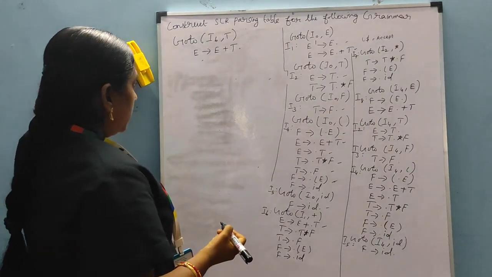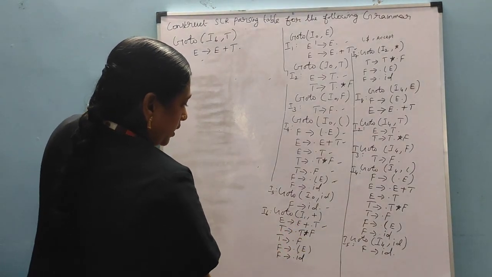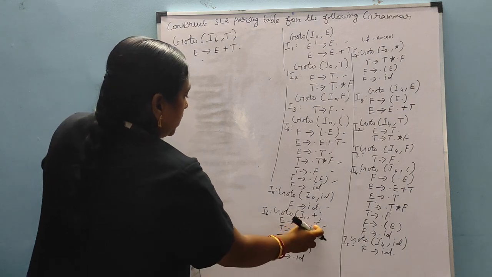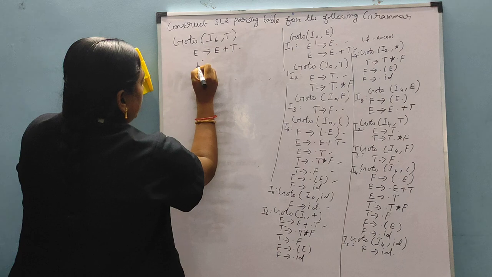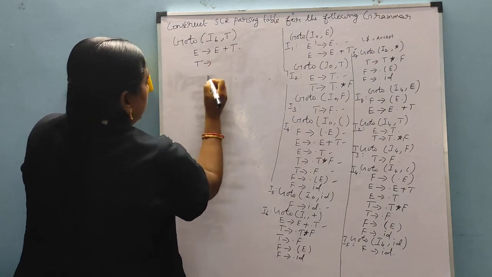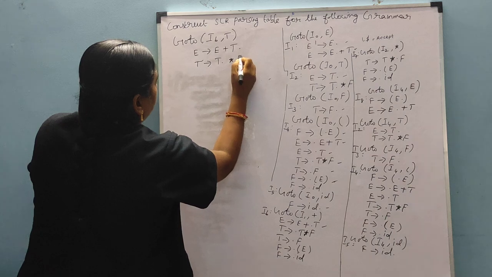Is there any other option? Check whether any other production will be present or not. Movement as T. Yes, another production also is present, right? With the T. Yes, T dot star F.